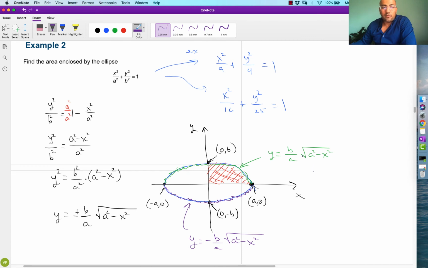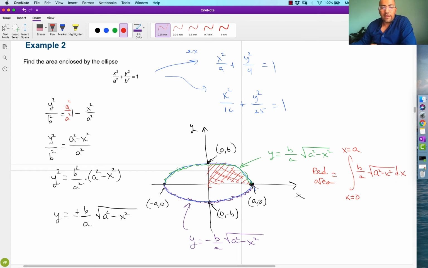So the red area is equal to the integral as x ranges from 0 all the way to a, and we want to integrate this function, which will be b over a square root of a squared minus x squared dx.